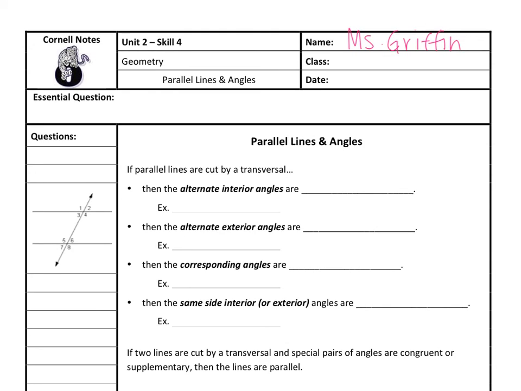Our essential question for today is going to be, what special angle relationships are formed by parallel lines cut by a transversal?